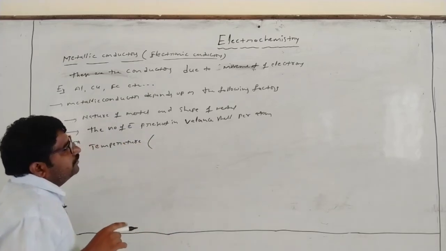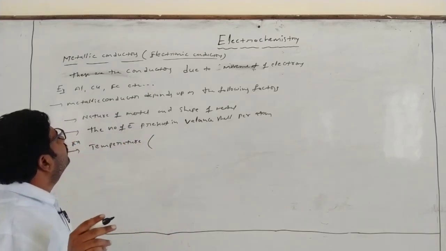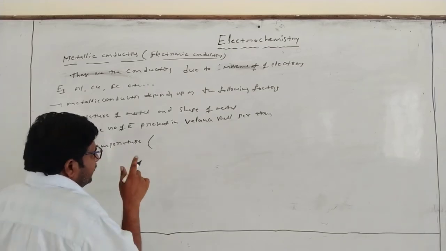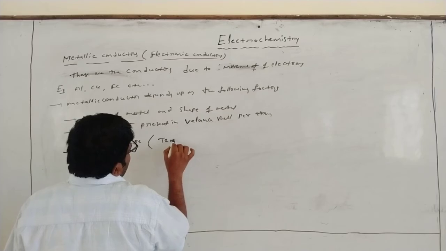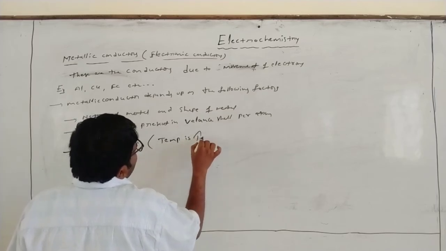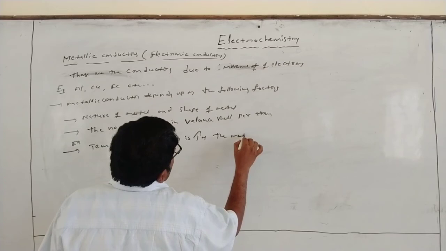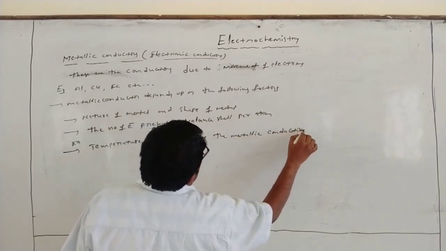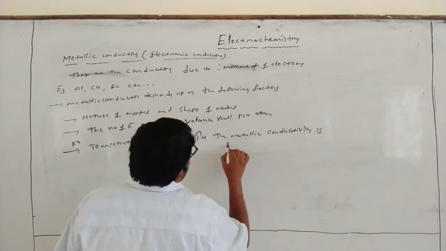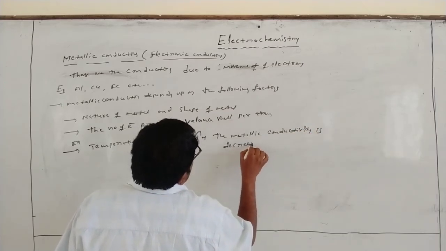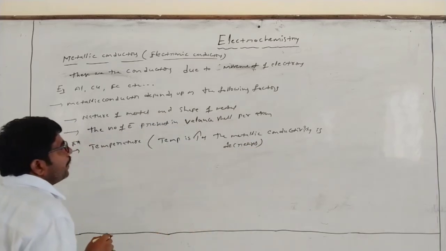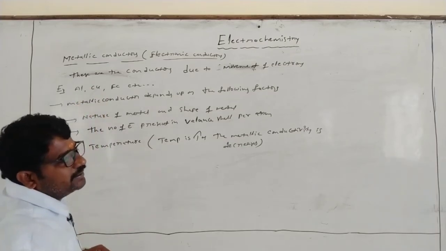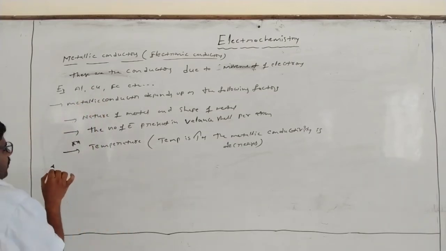What happens when temperature increases? The conductivity of metallic conductors decreases. These are the factors which influence the metallic conductors.